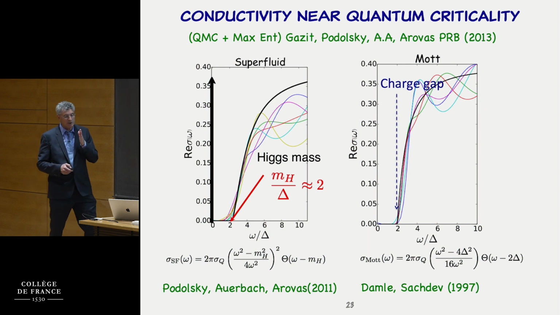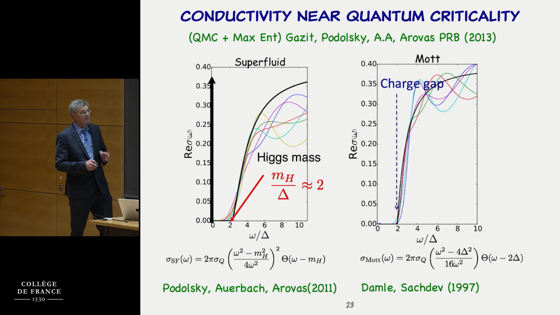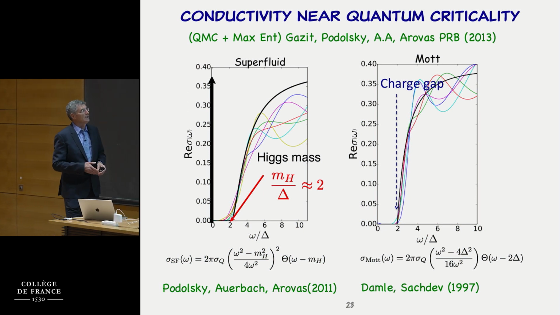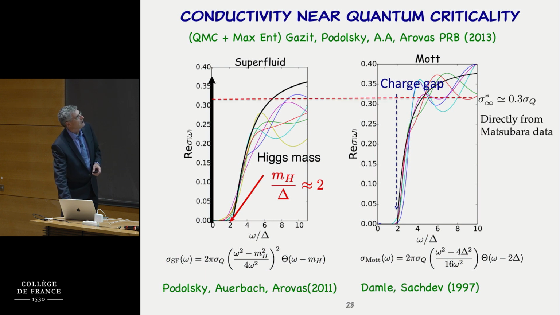So the threshold doesn't go away, it just goes down. So it is possible to observe in the conductivity and in the scalar susceptibility these features all the way to the critical point. And we also get some high frequency conductivity.